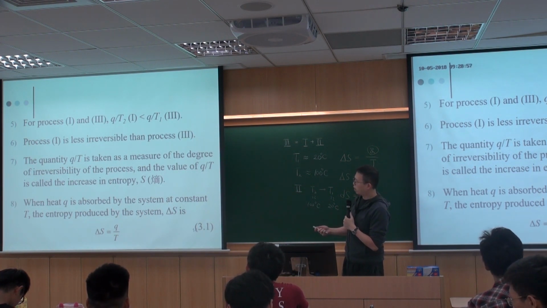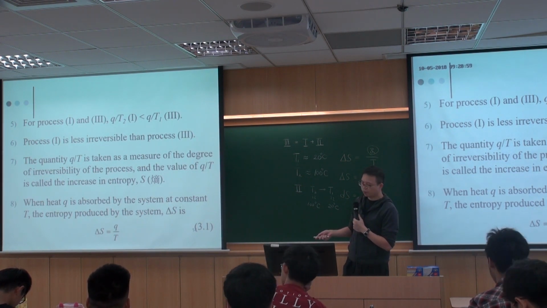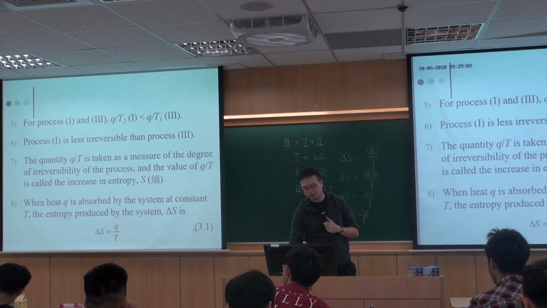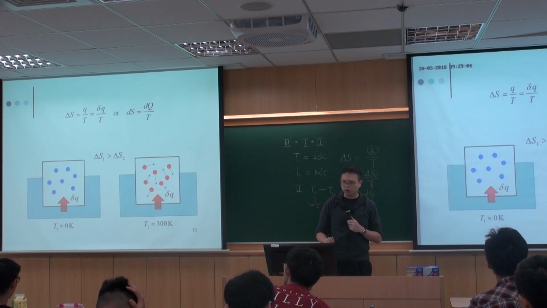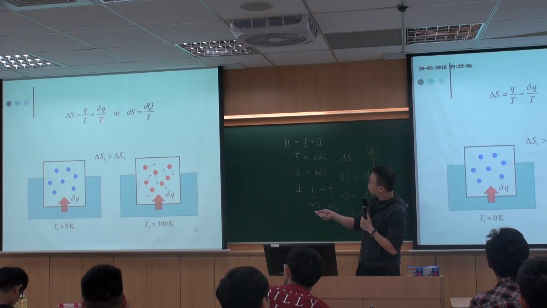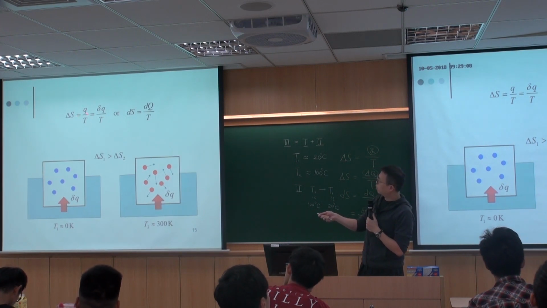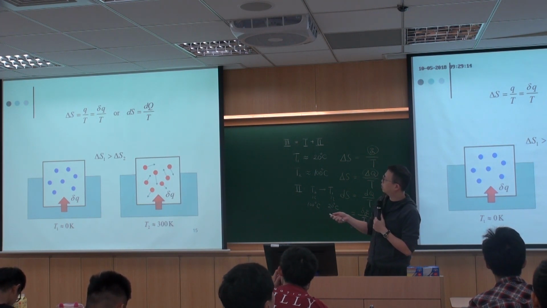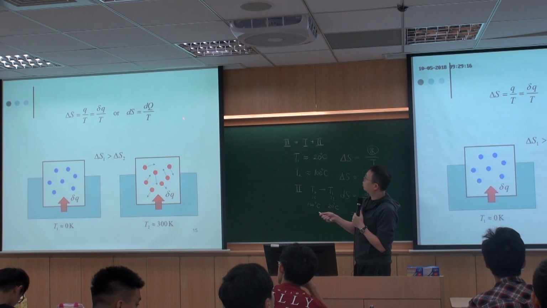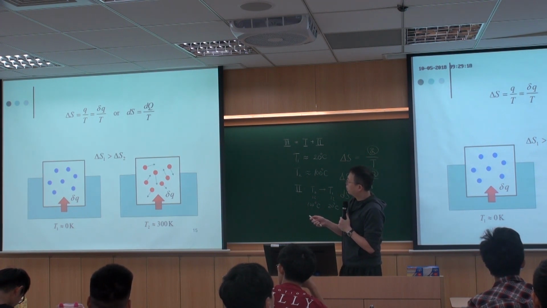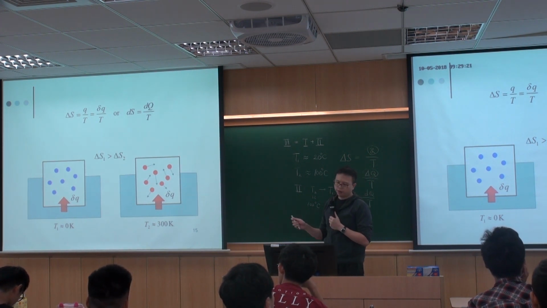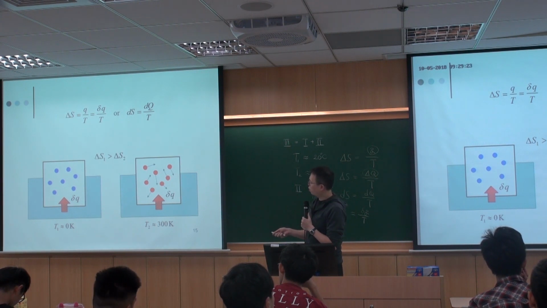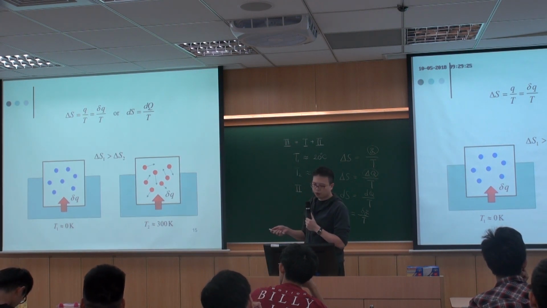So the change of that randomness, delta S, is defined as Q over T. So this is similar to what I just wrote. Delta S is Q over T, or you can say delta Q over T. And dS, if you want to write it as a differential, is dQ over T.